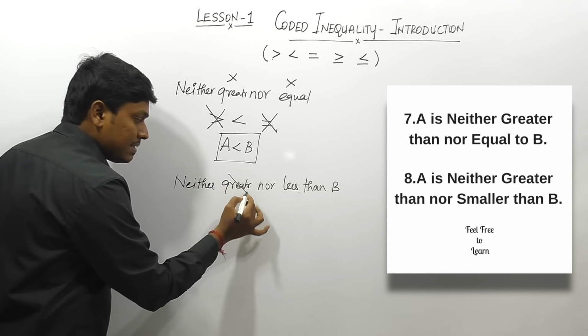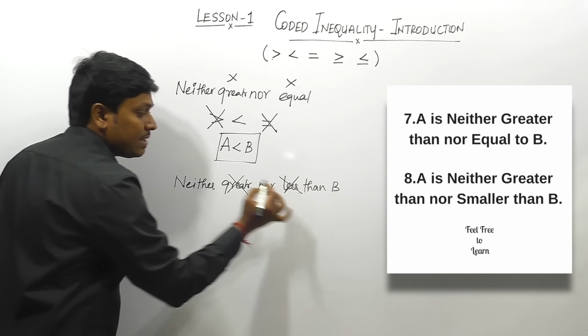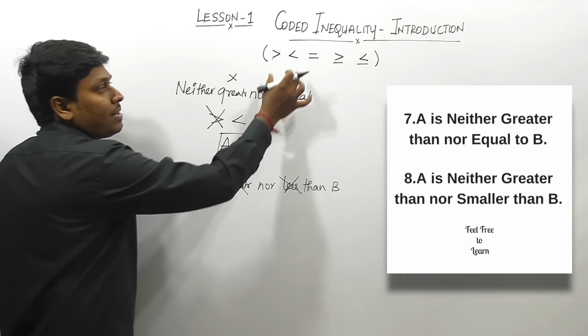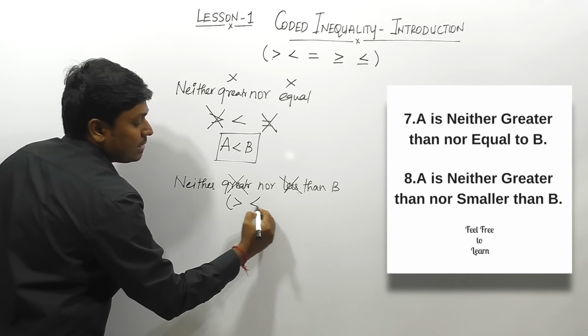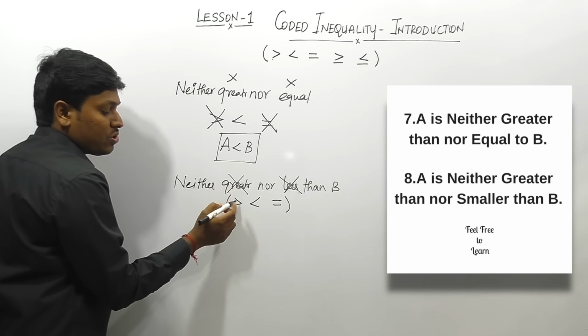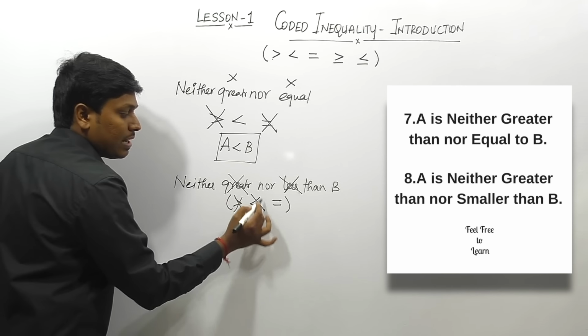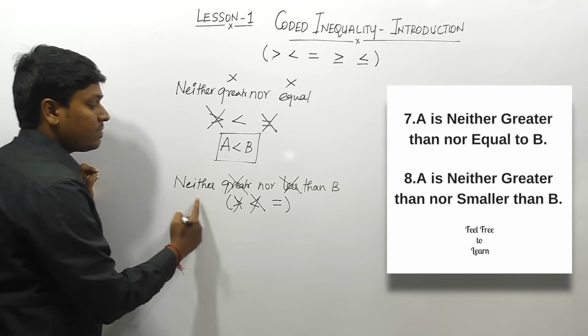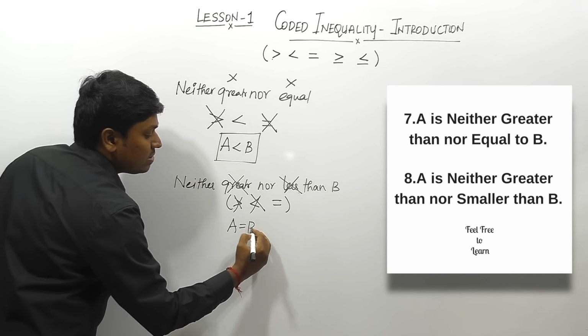So you should not consider greater and also you should not consider lesser. And we already know that there are three common symbols: greater than, less than and equal to. So you should not consider greater than and you should not consider less than. So finally, answer for this question is A is equal to B.